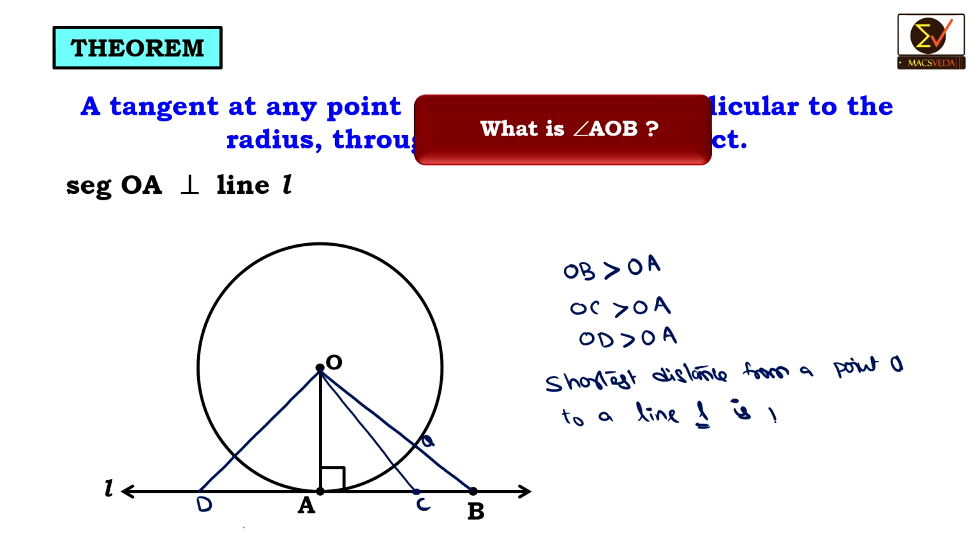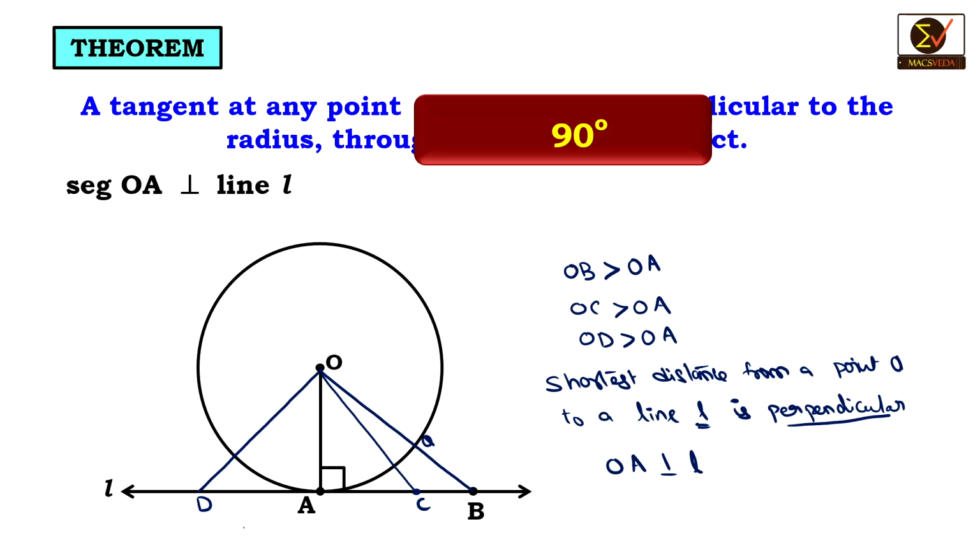It is perpendicular. So out of all these distances, obviously OA is the shortest distance from O to this particular line. So definitely OA is perpendicular to the line L. So angle OAB is equal to 90 degrees.